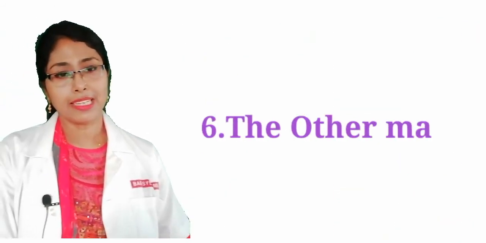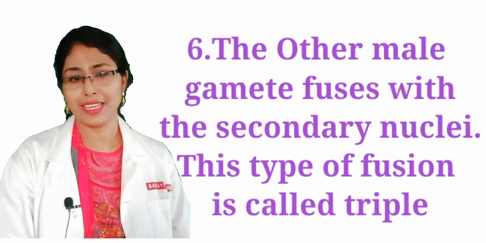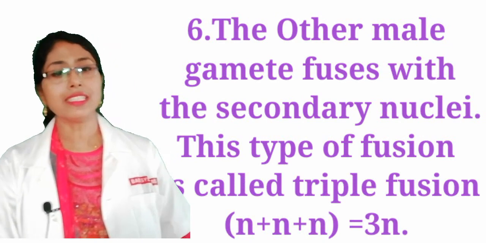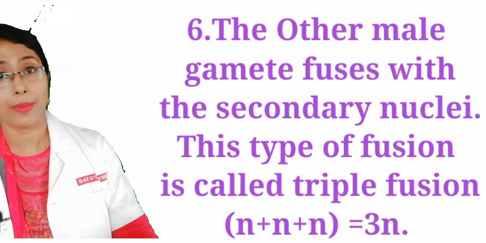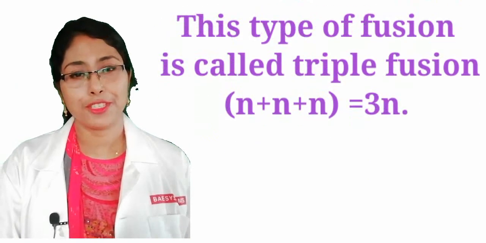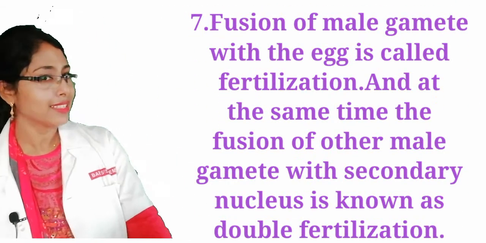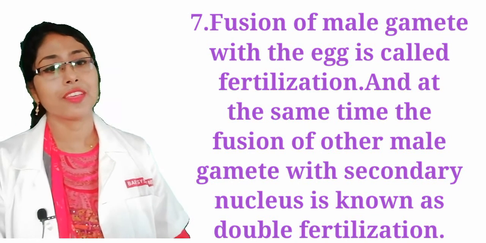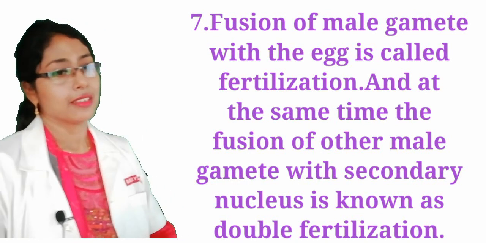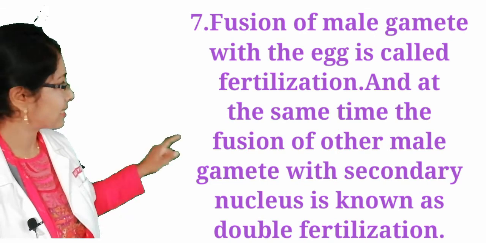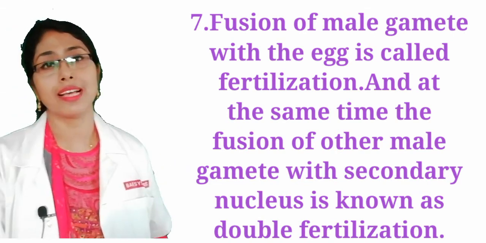The other male gamete fuses with the secondary nucleus. This type of fusion is called triple fusion. Fusion of a male gamete with the egg is called fertilization, and at the same time the fusion of the other male gamete with the secondary nucleus is known as double fertilization.